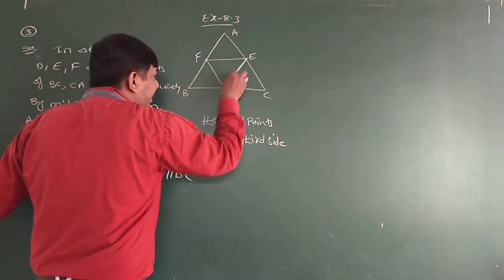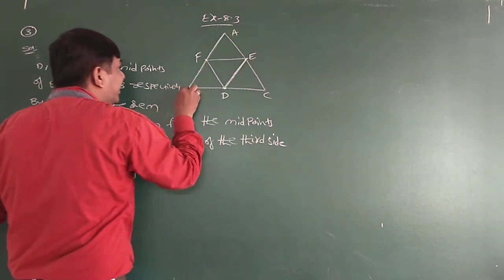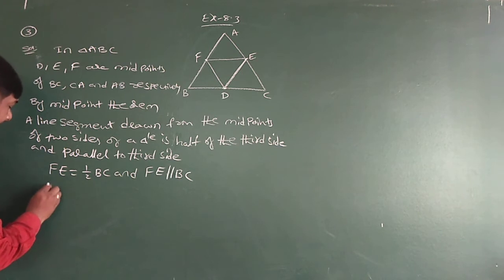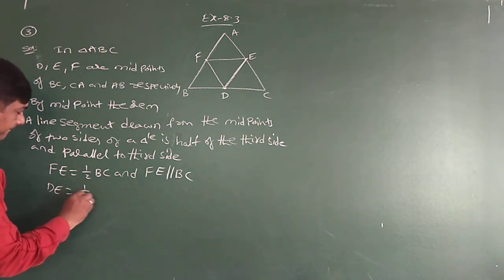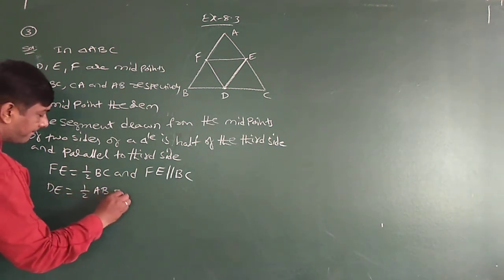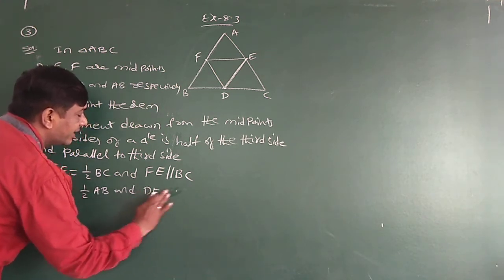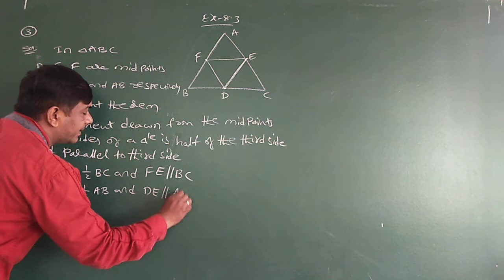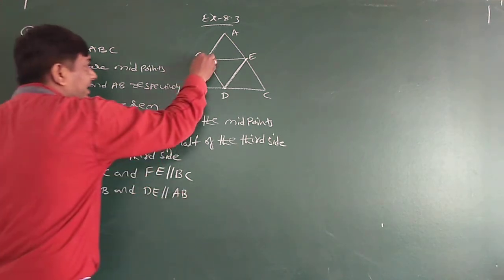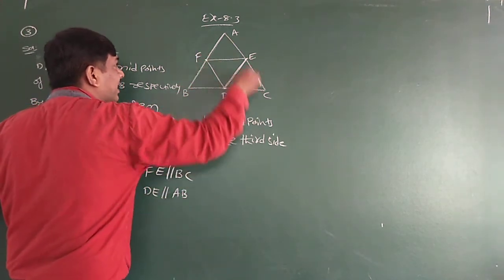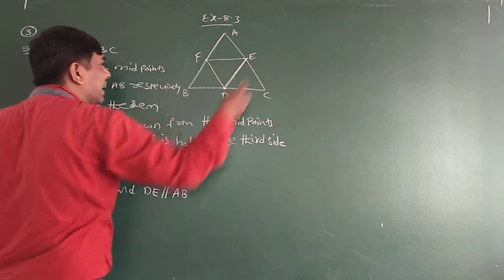Similarly, DE is half of AB and DE is parallel to AB. In the same way, FD is parallel to AC and FD is half of AC.